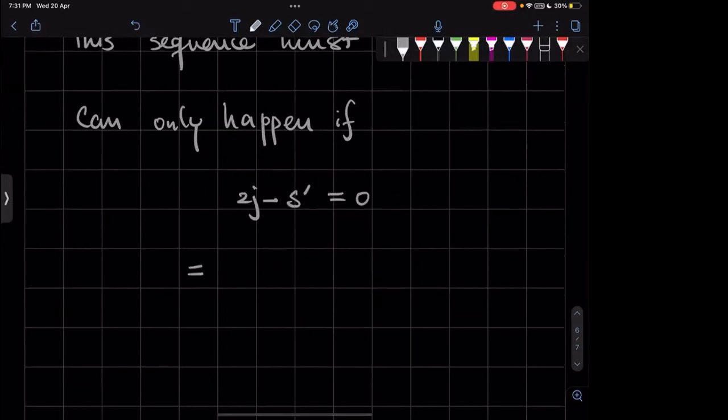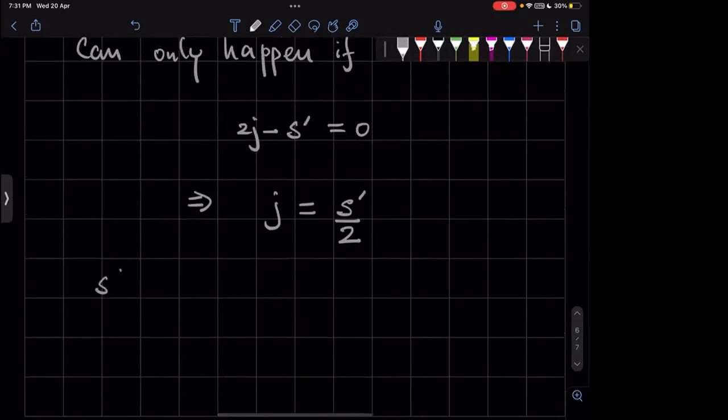That means that J has to be a half of that integer where this happens. Okay. So S prime is a positive integer, right? Because it's just counting the number of steps we have to take to get to the 0, the annihilation point of the lowest state.